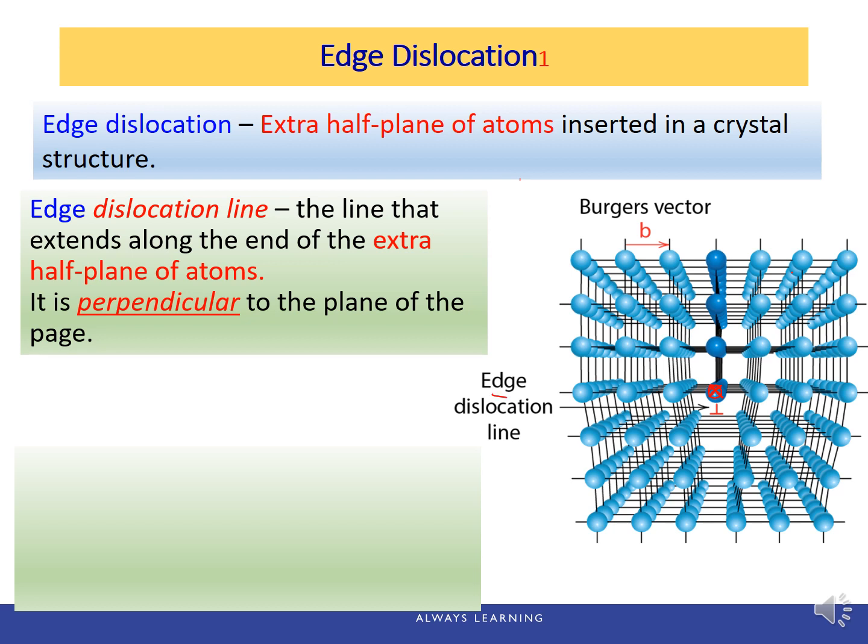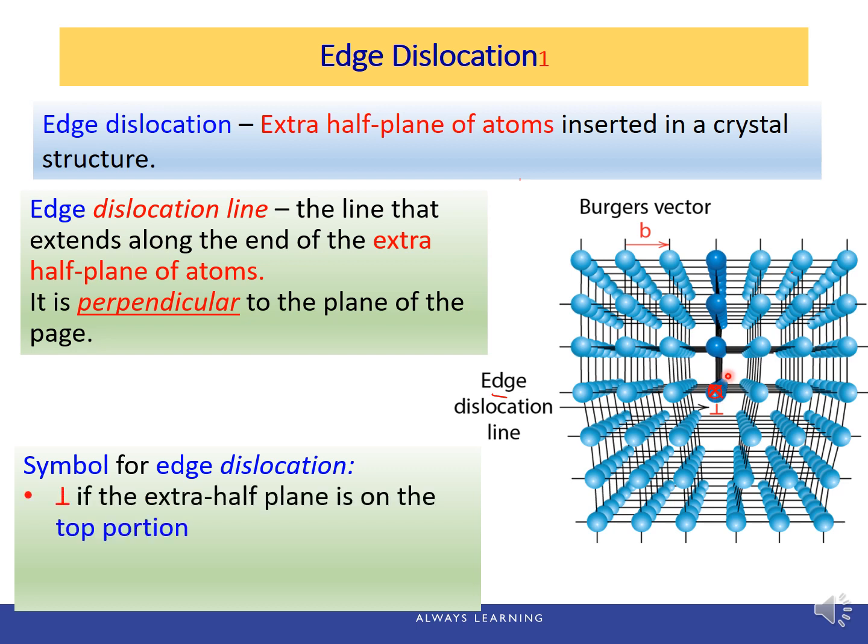The edge dislocation is represented by this symbol, which looks like a perpendicular sign. That's the edge dislocation symbol, but only if the extra half plane is on the top portion. The vertical line indicates the extra half plane, and the horizontal line indicates the plane of atoms at which this half plane stops. In some other cases, we may see an edge dislocation on the bottom portion of the crystal structure, for example, like this.